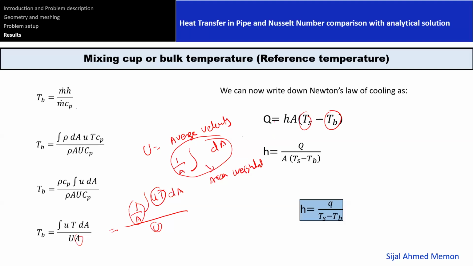So I can write h as Q upon A times (TS minus TB). Now Q upon A is the heat flux, which in our case is 5,000 watts per meter squared. Put in the values of surface temperature and bulk temperature, and you get the heat transfer coefficient.